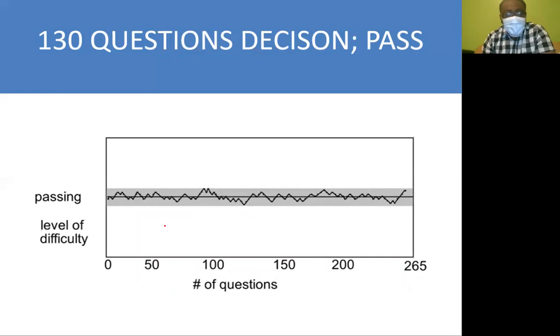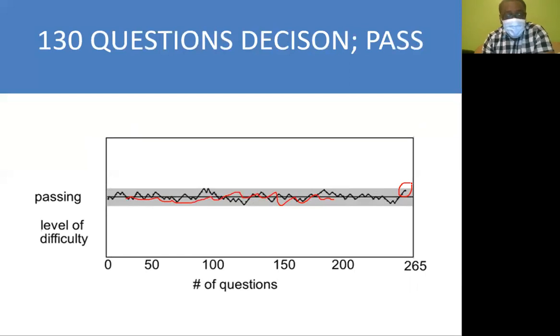Again, if you look at this, at the 130 question mark, at no point did he put a string of correct answers together or wrong answers. He just kept hovering around the line. In this scenario, passing and failing is determined by where the last question is.